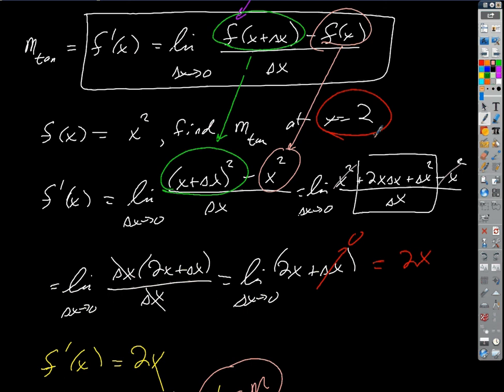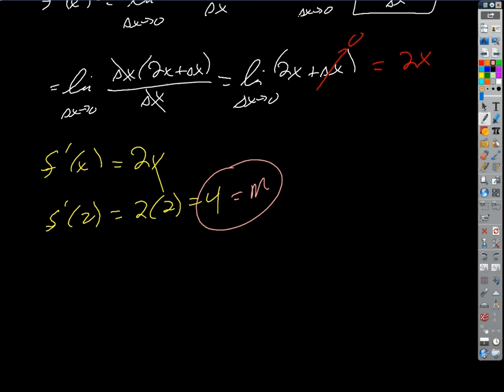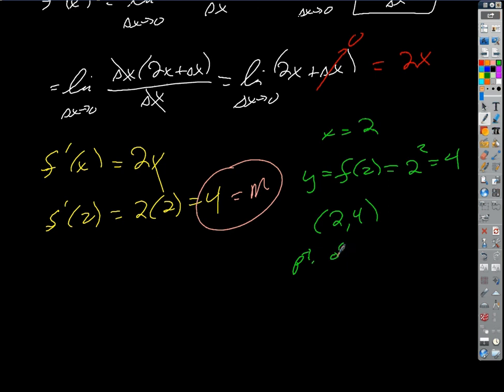Okay, so there's my slope. My point is going to be at x equals 2, y equals f of 2, which is 4. And so there's the point of tangency, because that's the point where the tangent line is going to hit the function.